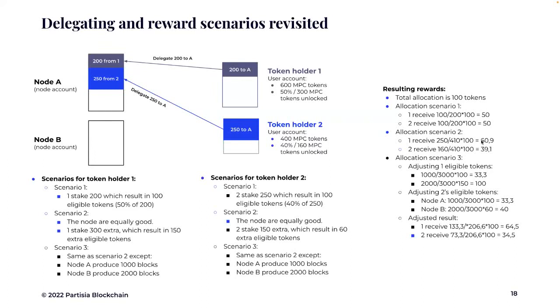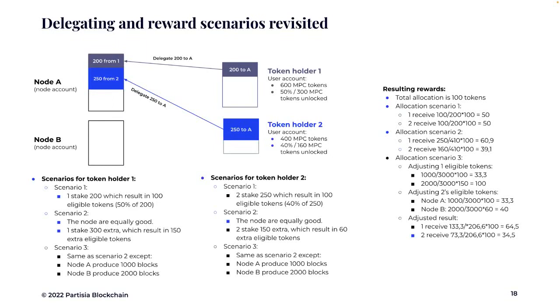Now you can see that token holder 1 is getting a bit more. Why is that? That's because node operator B is actually a better performing node, and token holder 1 is delegating relatively more to node operator B. So that's why they are getting more.